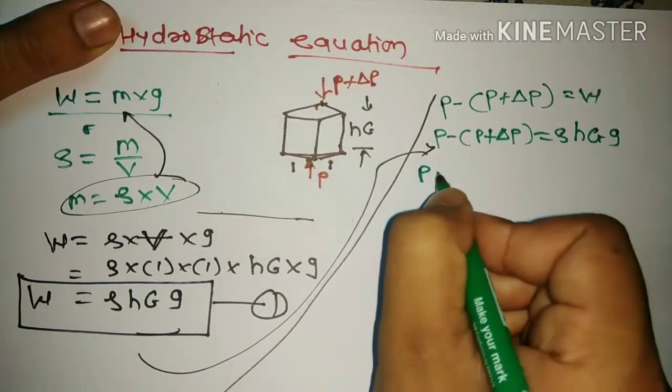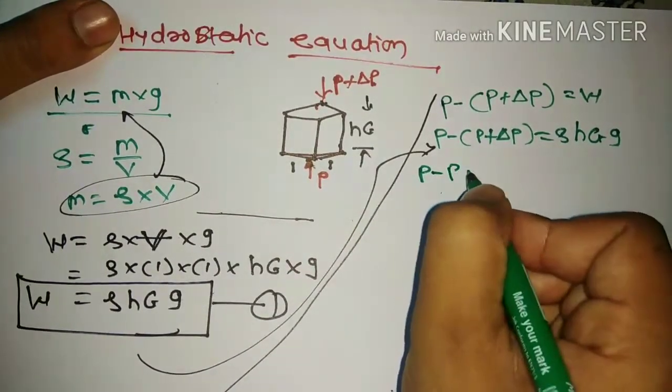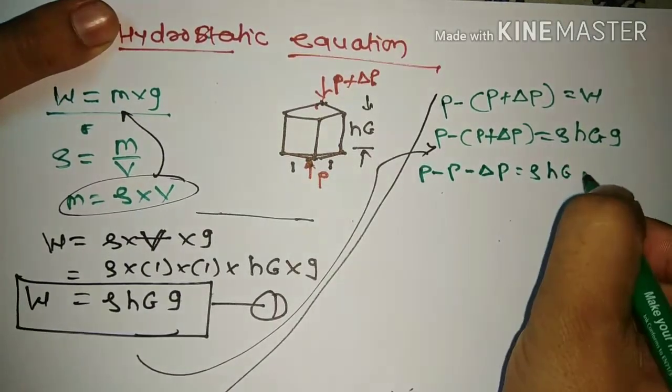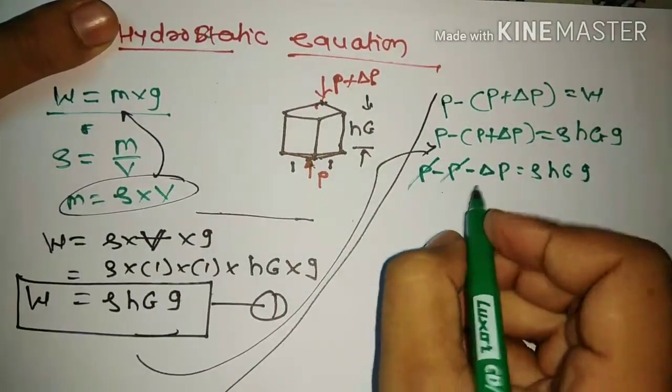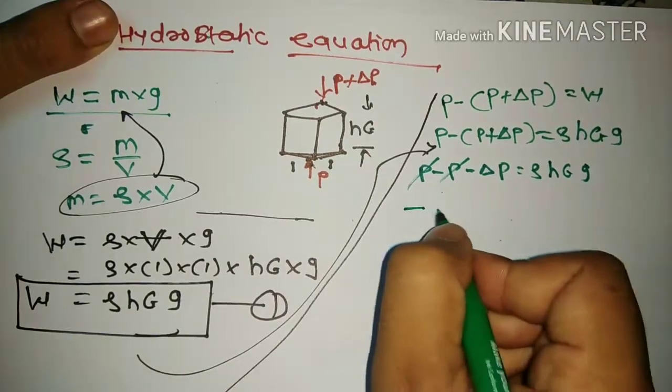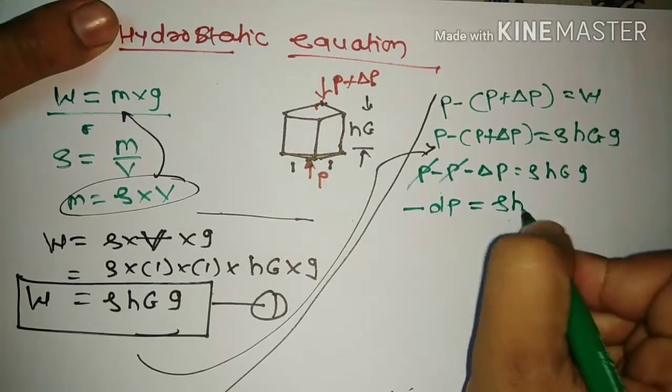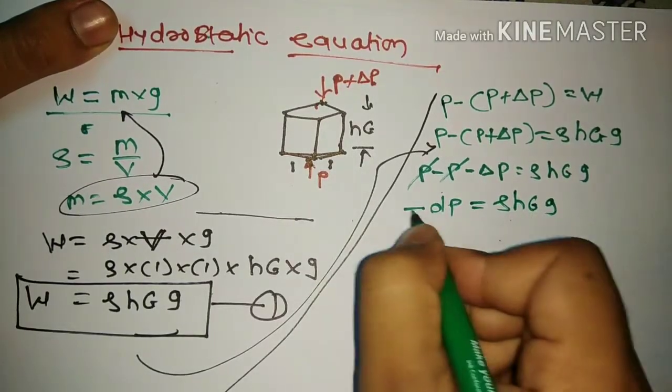So this will be minus delta P equal to rho Hg g. P cancels, so the answer is minus dP, minus delta P equals rho Hg g.